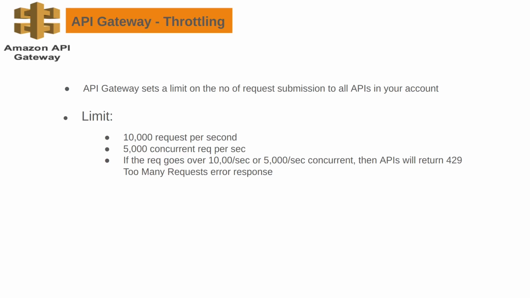API Gateway sets a limit on the number of request submissions to the APIs in your account, like 10,000 requests per second or 5,000 concurrent requests. If the requests go over 10,000 per second or 5,000 concurrent, then the API will return a 429 HTTP error. That's the way you can limit the calls to your API, so that no one can misuse your environment.